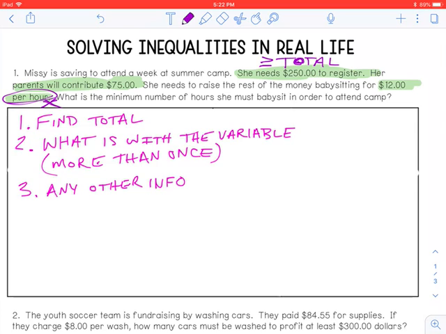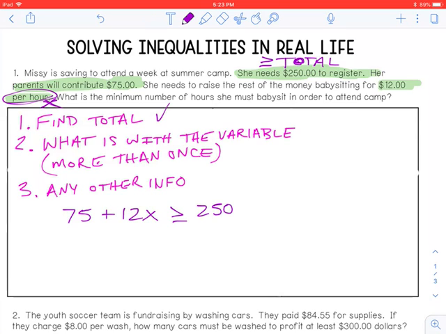So, as we set this up, again, I've got my total first. So step one, my total is greater than or equal to $250. And then what's adding up to $250 is the 75 plus 12 per hour, which was 12x.